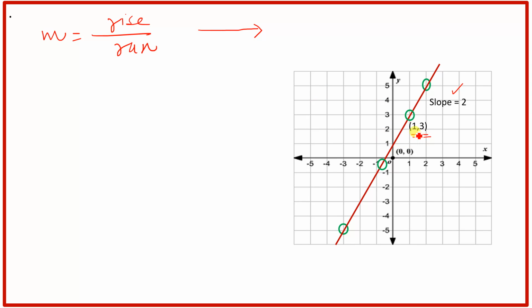Right, what I said, if I move, first point is 1, 3. If I have moved 1 unit here, it will be 2. 1 unit here, because slope is 2, then I have to move 2 into 1, 2 units in the direction of y. So you have to start from 1 and 3, and you have to give some concentration here. See, first point is 1 and 3.